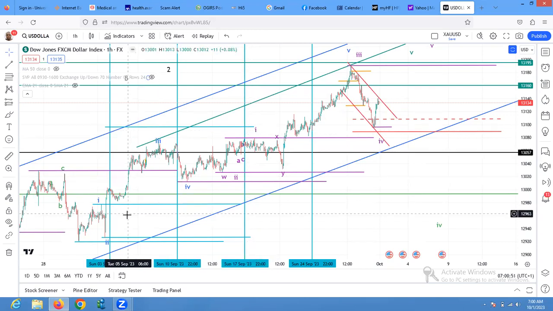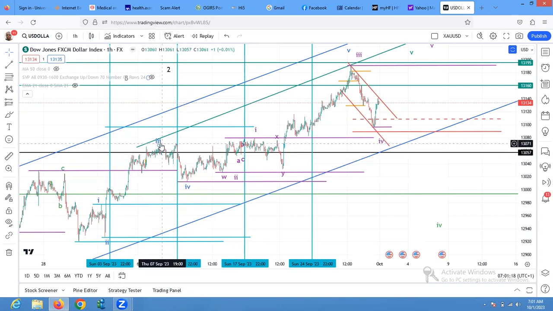So it only means that what they have done here is like these had been a 1, maybe a 1 and a 2 here, because the movement here cannot be a 2 to this movement here. So that means a structure was completed here. 1, 2, maybe 3, 4, 5 was completed here. And we had a correction, a deep correction here.